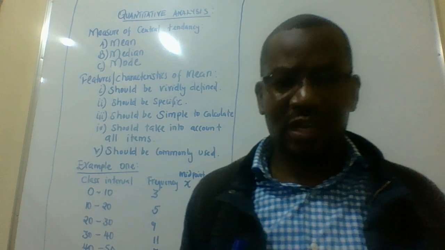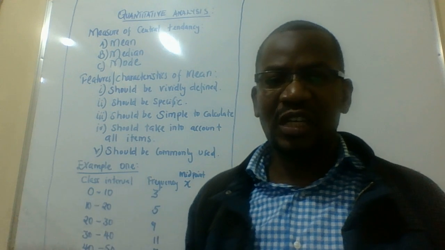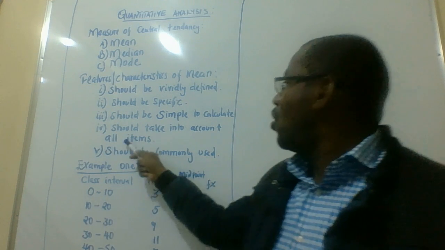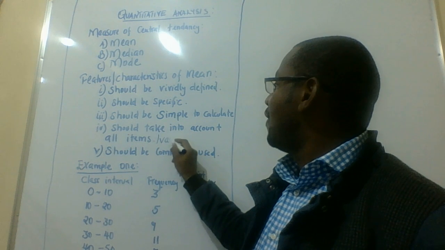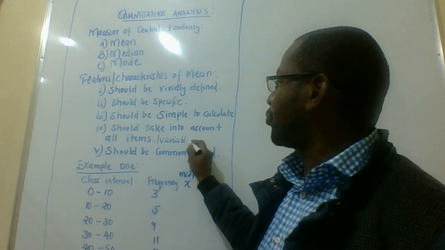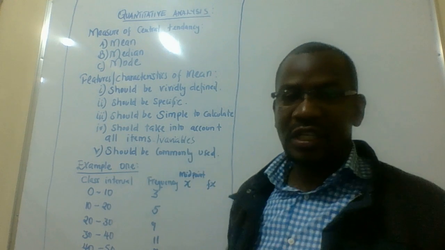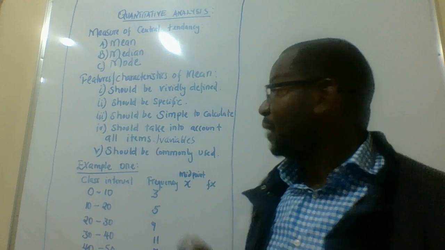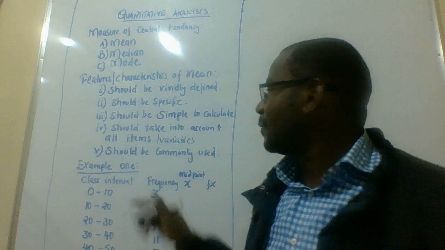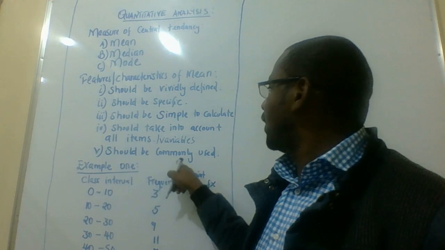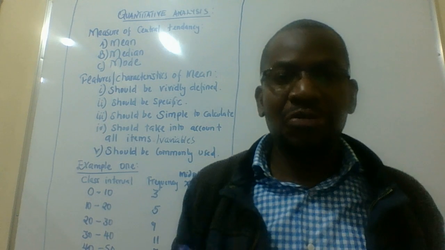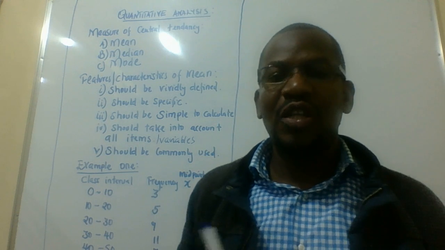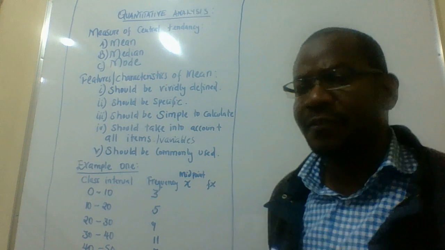A good measure of central tendency should take into account all the items, or what we call variables. Lastly, but not least, it should be commonly used. A good measure of central tendency should be commonly used.